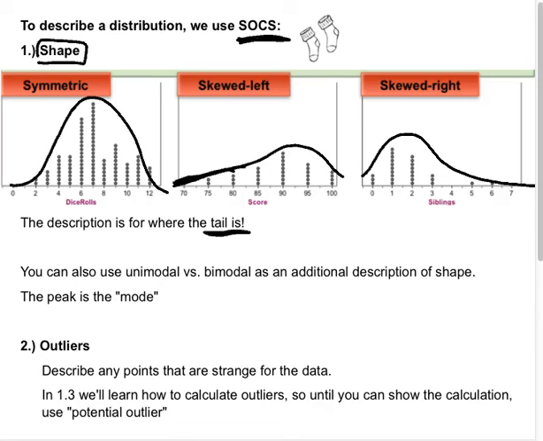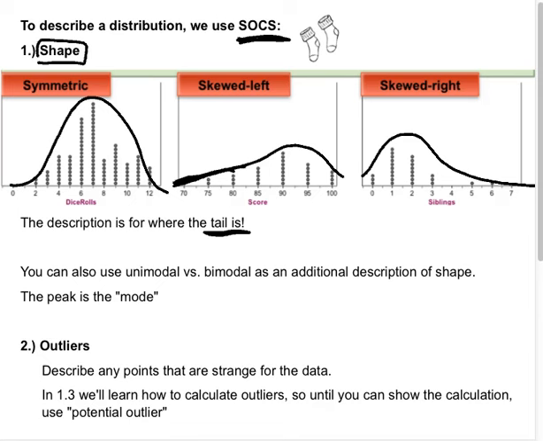So do make sure that you remember in these descriptions, when you're describing the shape, if you do skewed left or skewed right, you're describing where the tail is going off to, okay? Where is it trailing off to? All right, and again, most commonly, those are the 3 main ones. But you can also talk about unimodal versus bimodal if you want an additional description of shape.